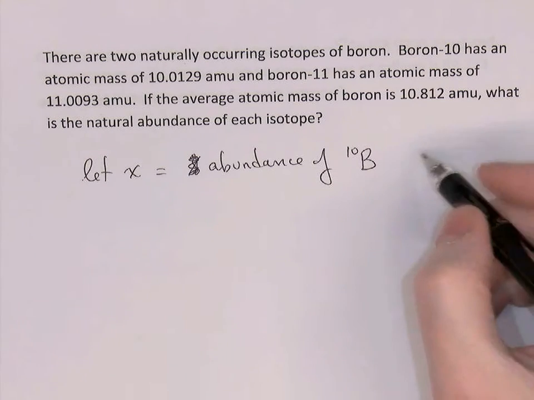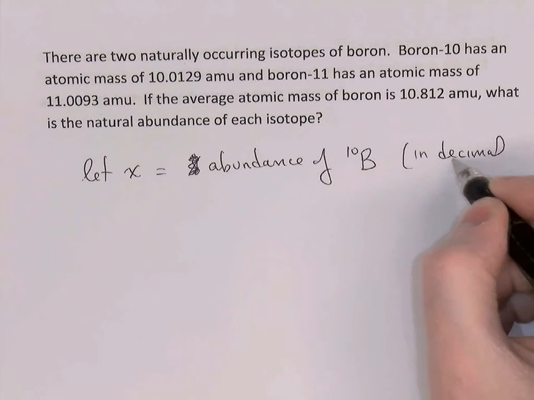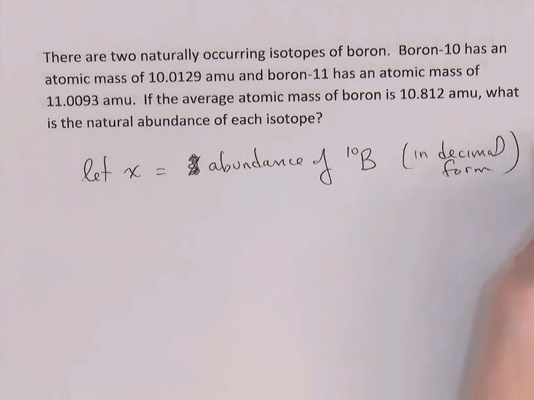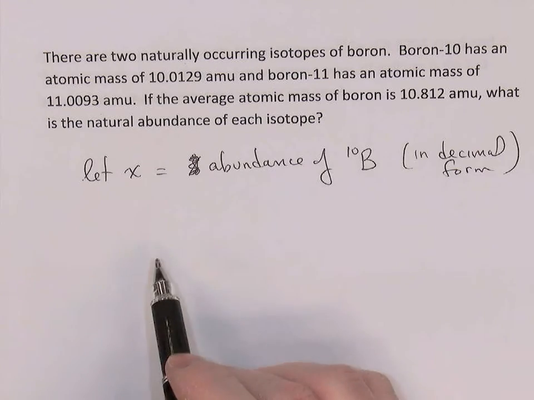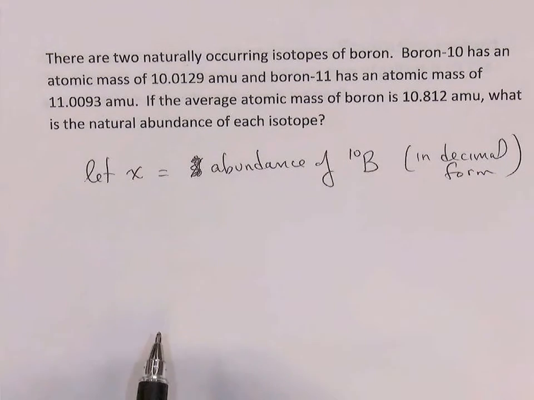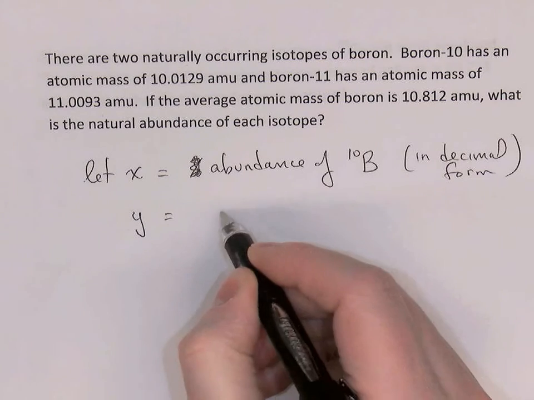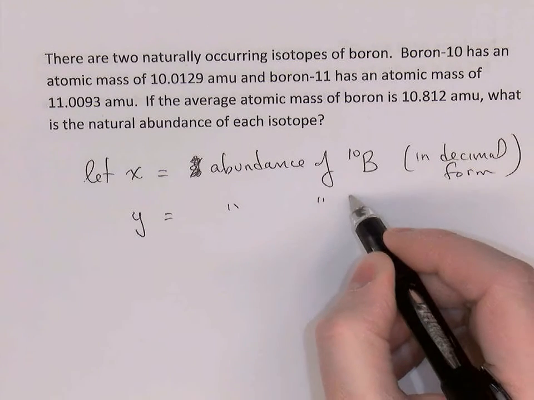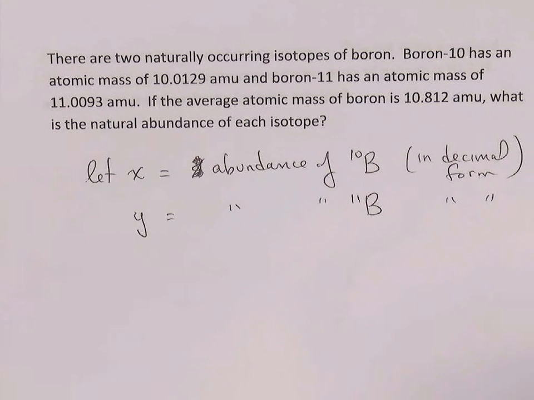And I'm going to make it very clear here in decimal form. In other words, if the percent abundance were 10%, then my X would be 0.1 in this way of interpretation. I'm going to let Y be the abundance of boron 11, also in decimal form. All right?